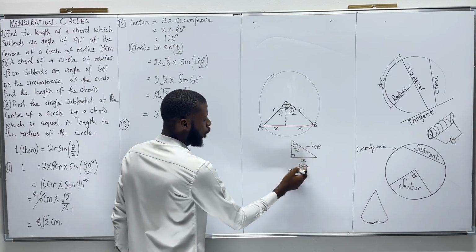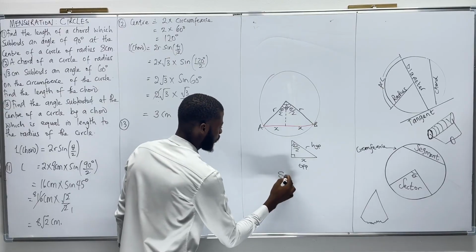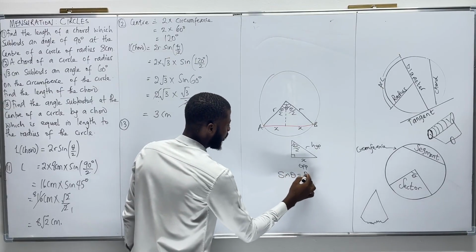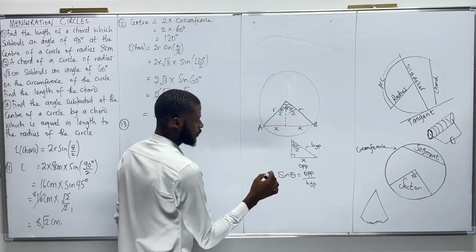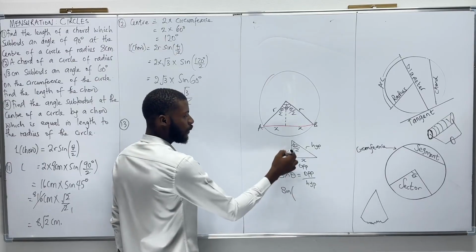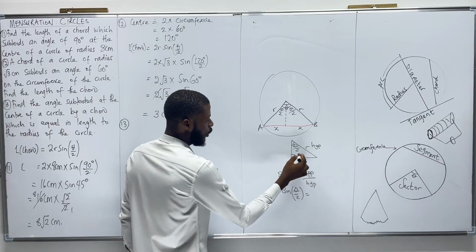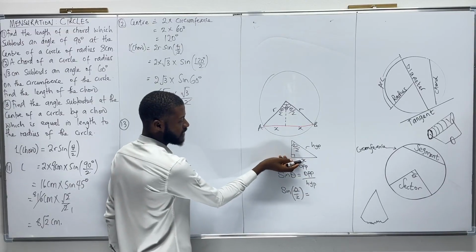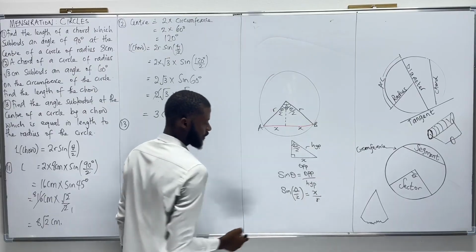Now, opposite and hypotenuse, from SOHCAHTOA, only sine is going to work. Sine of the angle is always opposite over hypotenuse. What is the angle? The angle is theta over 2. The opposite to that angle is x, and the hypotenuse is the radius.